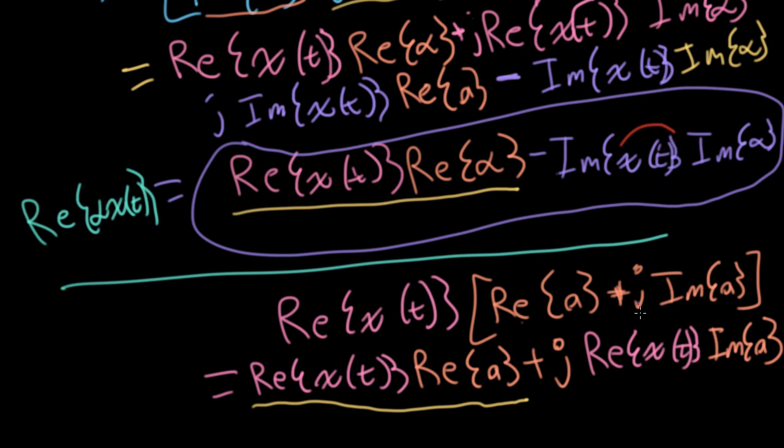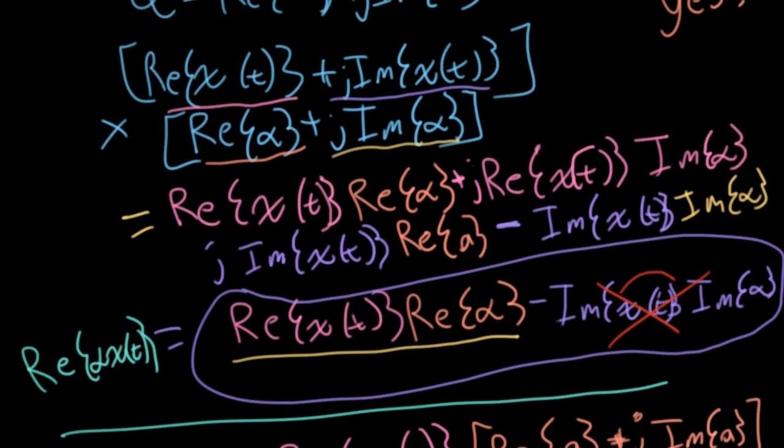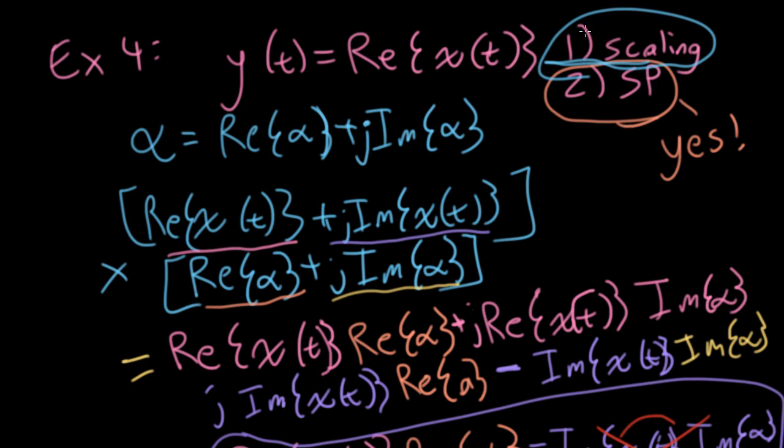There's no equivalent imaginary part of x of t down here. The other thing is this is going to be a real number. There's a j sitting here, and there's certainly no j sitting up here. So although the first term matches, the second term doesn't. This is a huge problem. We have a case where the superposition property is satisfied, but the scaling property is not.